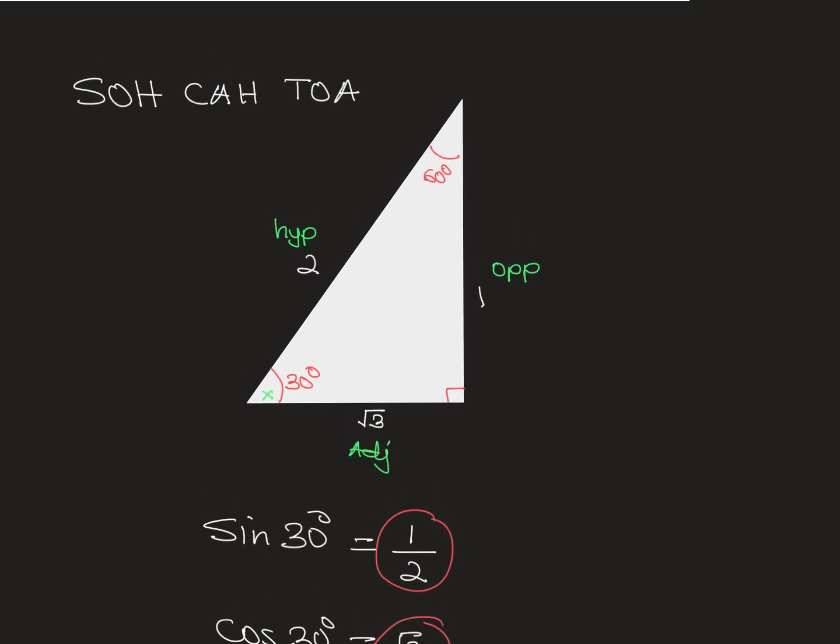For the 60-degree angle, if we are taking reference from it, then the adjacent and the opposite will change. For the 60-degree angle, the opposite is this side, and therefore the adjacent will be this side. The hypotenuse doesn't change. So what is sine 60?